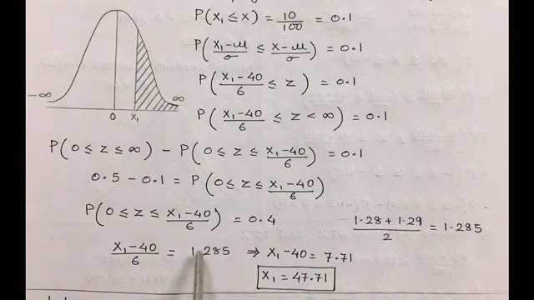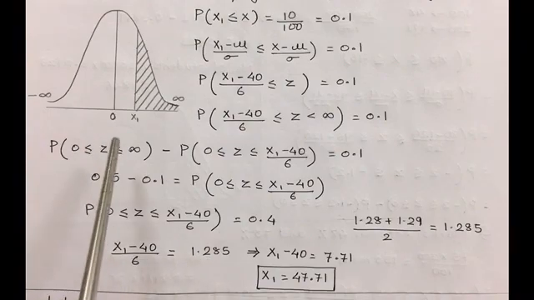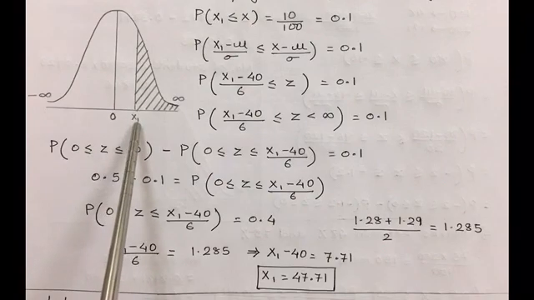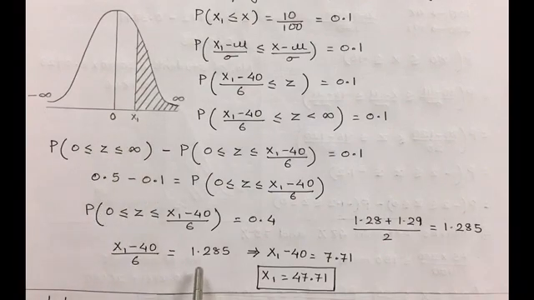Now the z value over here is taken as positive. The reason is x1 is lying towards the positive side. So 1.285 is taken as positive. So this is how question number 2 is solved.